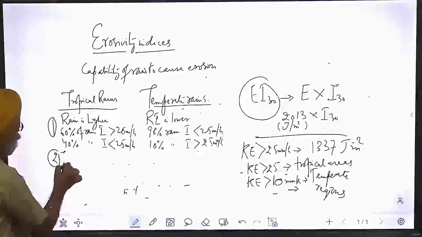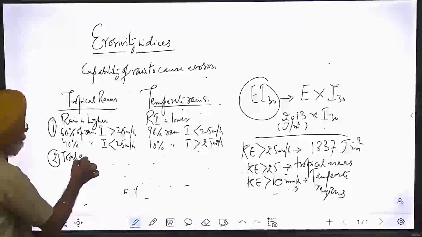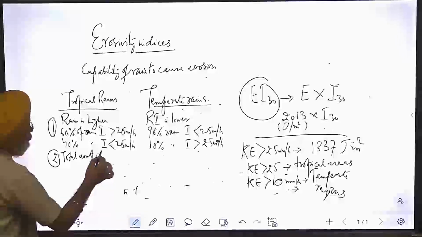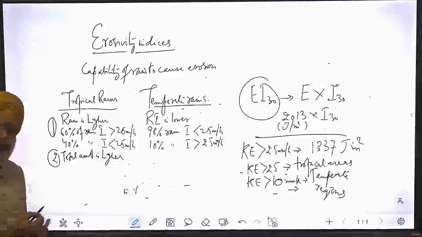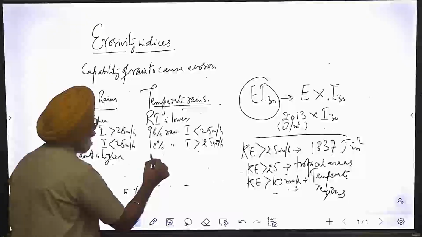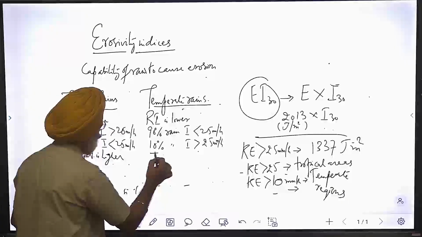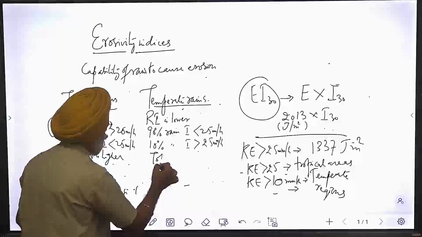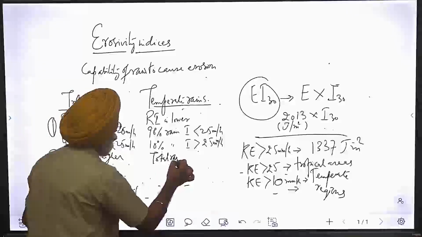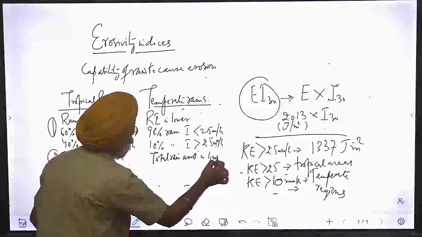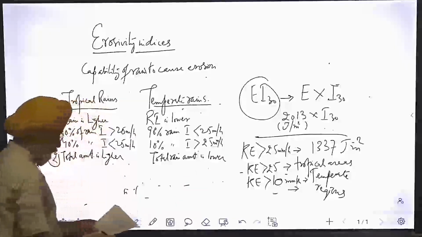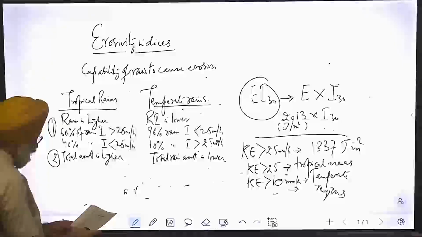Difference 2: the total amount of rain is higher in tropical regions than in temperate regions; in temperate regions, total rain amount is lower. Third difference is average intensity.